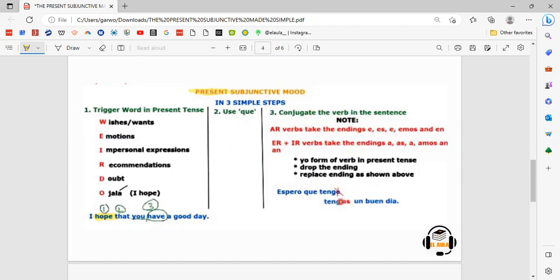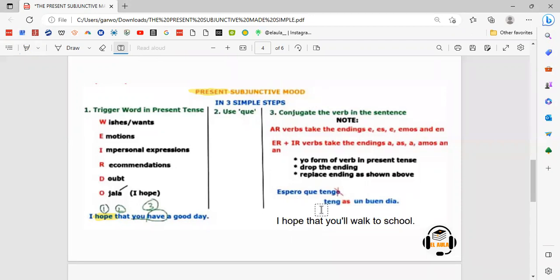Now, it's a fairly simple process, right? What we're going to do is, let's use our walking example. I don't know, I just like that example now. All right. I hope that you'll walk to school.